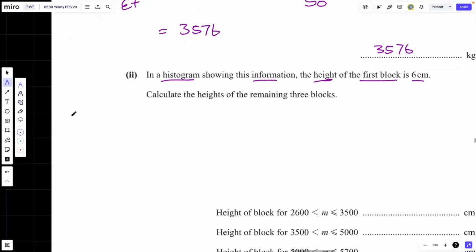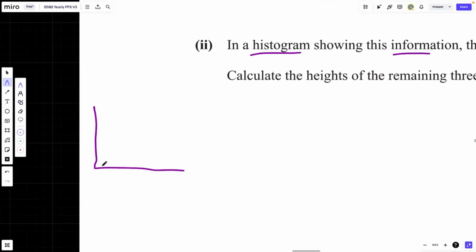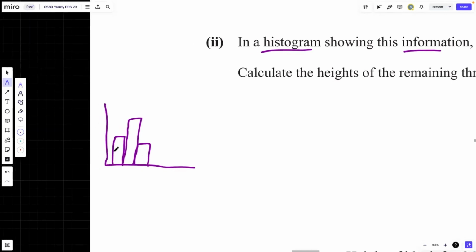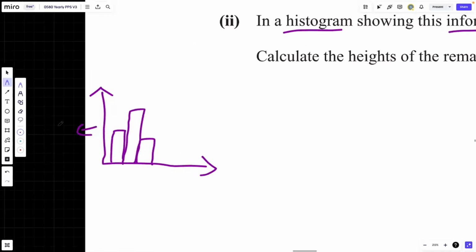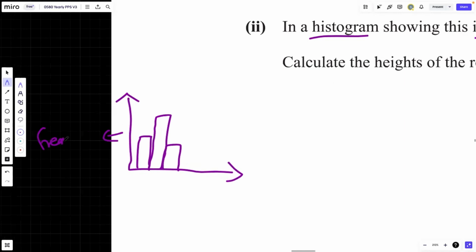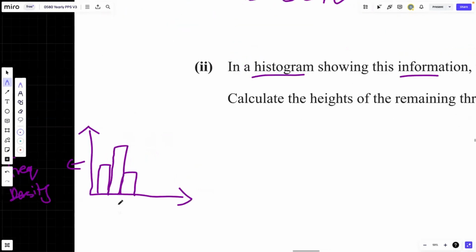Now, you need to have some basic idea of what the histogram looks like. Yeah, so that's what it basically looks like. But importantly, what you have on the y-axis is the frequency density. And on the x-axis is whatever your subject matter is. In this case, it's going to be mass, because we have mass in kg.